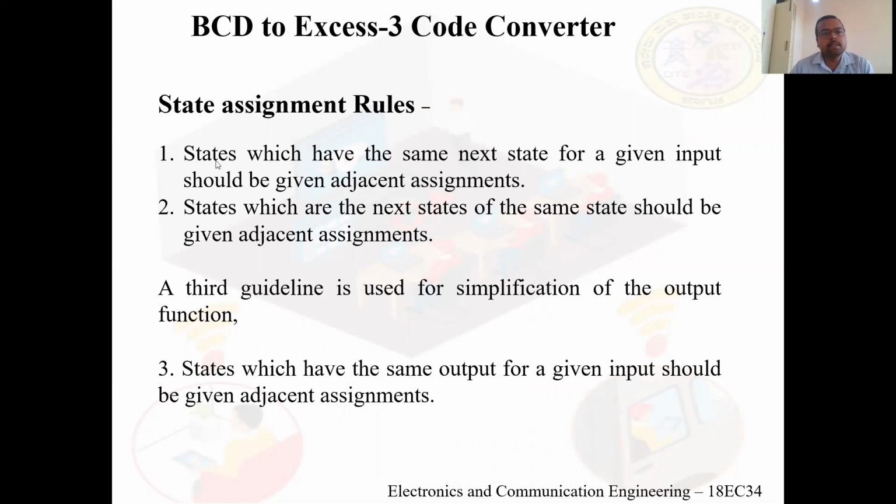The first rule says states which have the same next state for a given input should be given adjacent assignments. If for a given input x equal to 0 the next states are the same, those states should be given adjacent assignments.